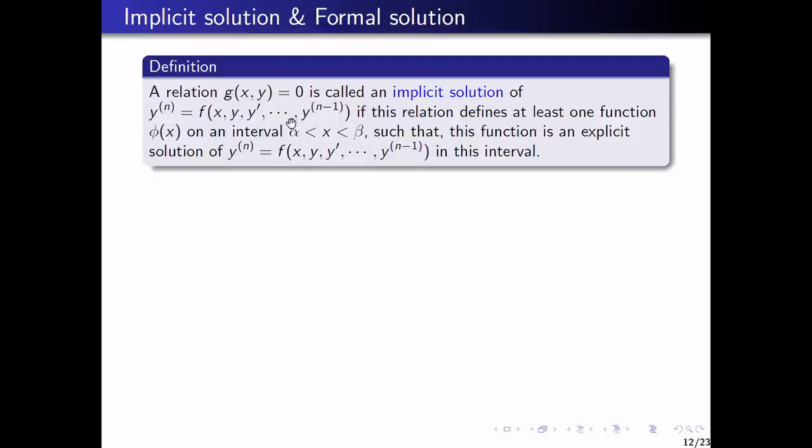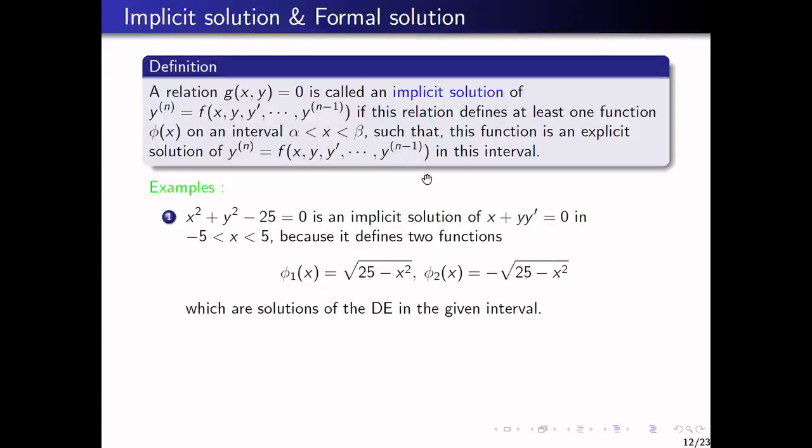So a relation is said to be an implicit solution if from this relation we can get an explicit solution. We will see examples of this. Here, x square plus y square minus 25 equal to 0 is an implicit solution of x plus y y dash equal to 0 in the interval where x lies between minus 5 and 5.